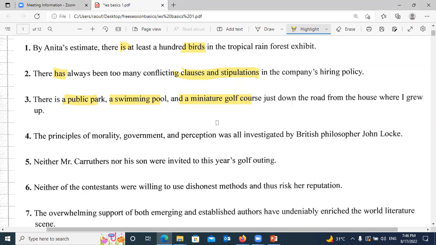Look, if I say Raouf is a teacher, that's fine. If I say Raouf, Muhammad, and Omar are teachers, very good, because I have 3 people here. And here it's the same case with number 3, because you have a public park, swimming pool, miniature golf. There are 3 things, not only one thing. So the subject is not singular.